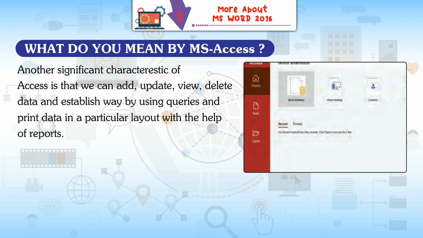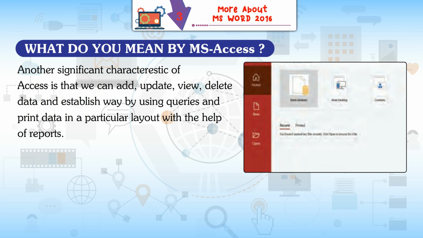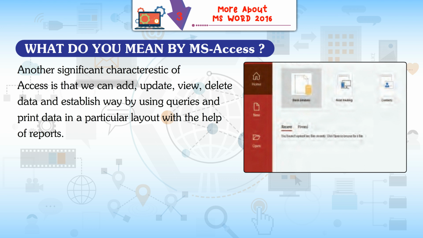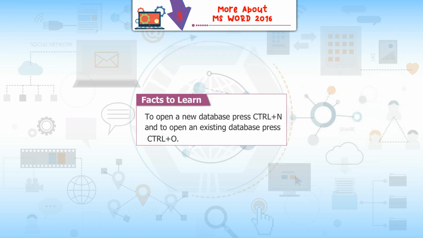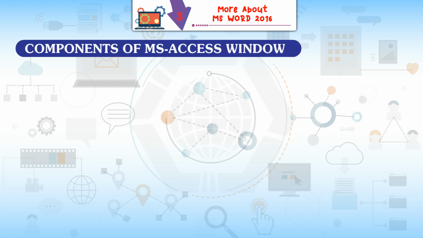Another significant characteristic of Access is that we can add, update, view, delete data and establish ways by using queries and print data in a particular layout with the help of reports. Facts to learn. To open a new database, press Ctrl+N, and to open an existing database, press Ctrl+O.